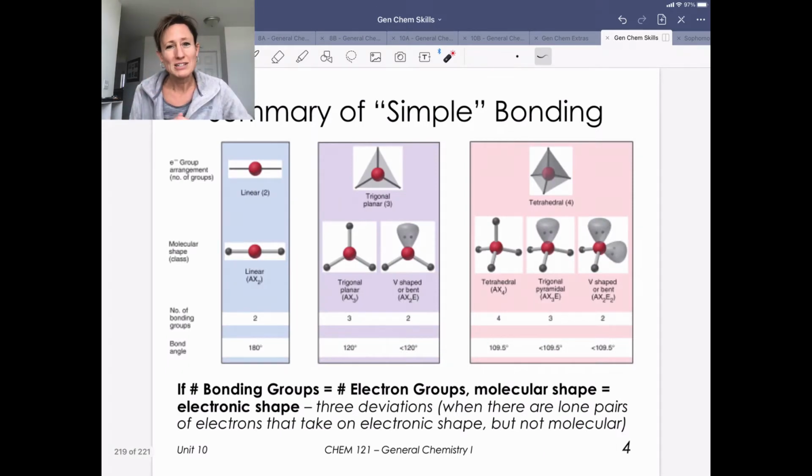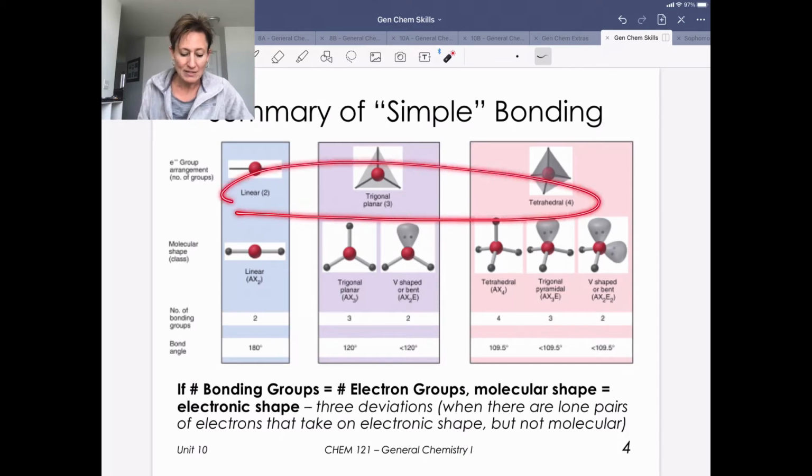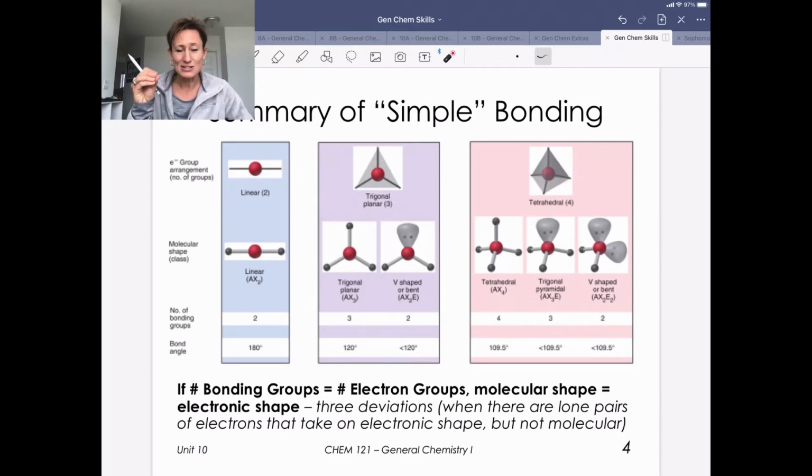Okay, so I want to let you know what this looks like. So codes that we'll get, for example, this is a code that's AX2. That meant around the central atom, there are two other atoms, no lone pairs. Okay, so how you use this table is I might be asking you, what's the electron group arrangement? So that's going to be this first piece up here. That's how many X's and E's you have.